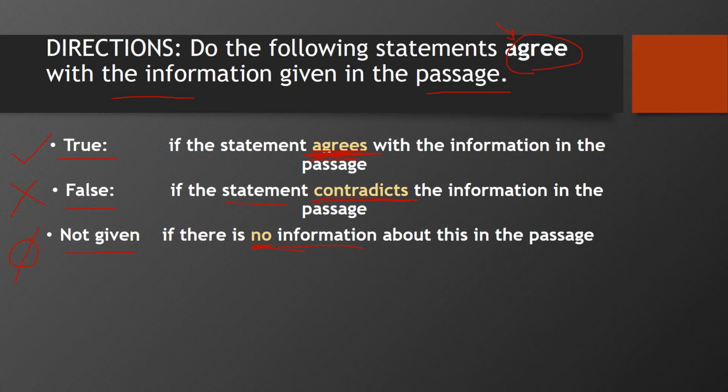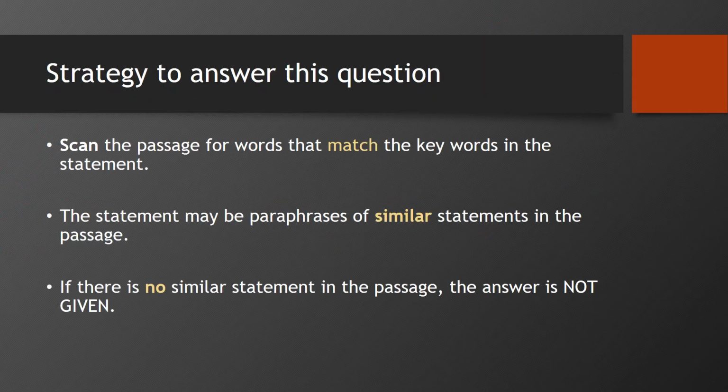It's not available, right? So it is true if the statement agrees with the information in the passage. It is false if the statement contradicts the information in the passage. Not given if there is no information at all about this statement in the passage. We're going to practice that, no worries.